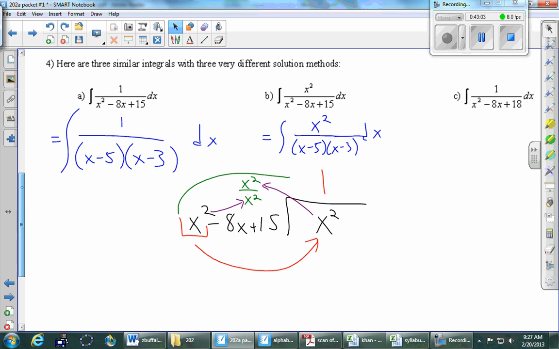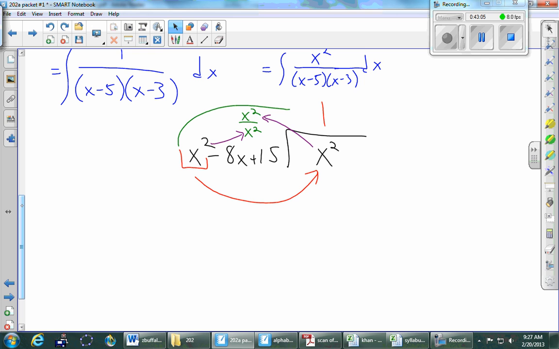Okay. So we've got that, and now we need to do what? What do you do with the 1? Multiply by the thing that's in the front. So 1 times everything in the front, and we'll copy it down below. X squared minus 8x plus 15. And then what do we do? Subtract.